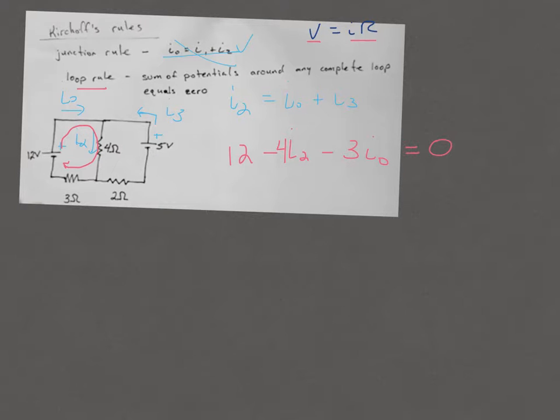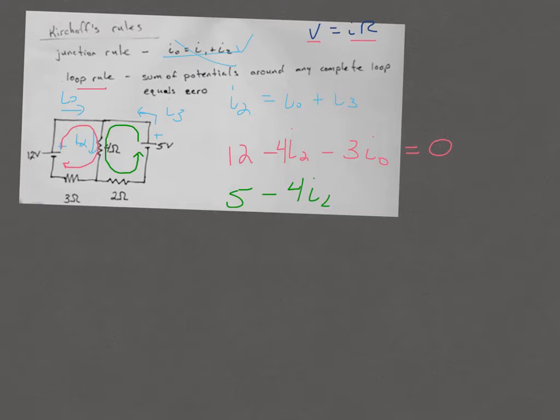I'm going to follow the battery and the current right here again. So I go across the battery. I gain 5 volts. Nothing's happening between here and here until I cross that resistor right there. And that is going to be minus I2 times 4 again, so it's 4I2.